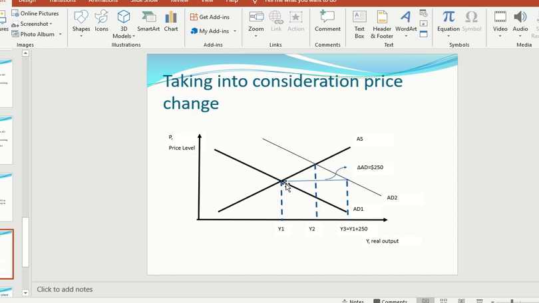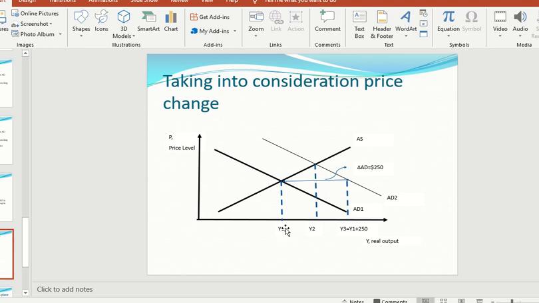Because when we apply spending multiplier, we are looking at how much the aggregate demand has increased at its current price level. That's $250 million. But we don't know the distance between these two. We don't know how much the equilibrium real output has changed. So that's a limitation of spending multiplier. We cannot tell the exact change in the equilibrium real output.